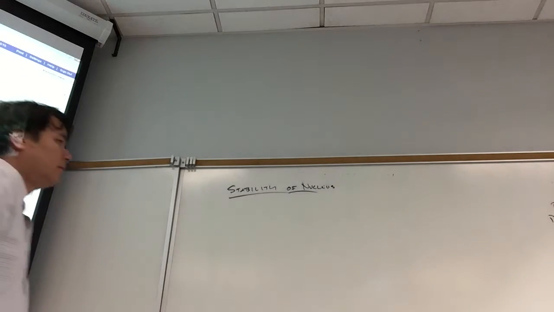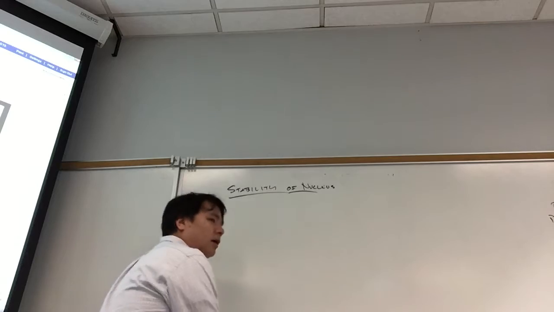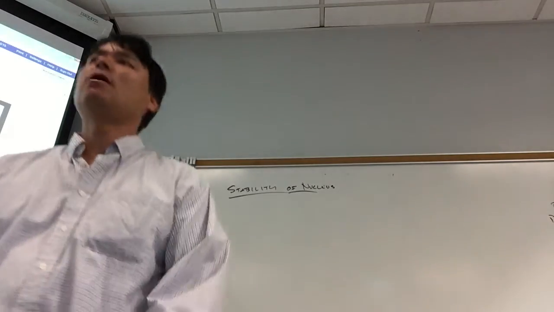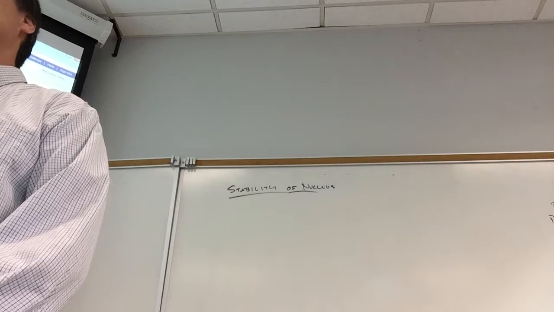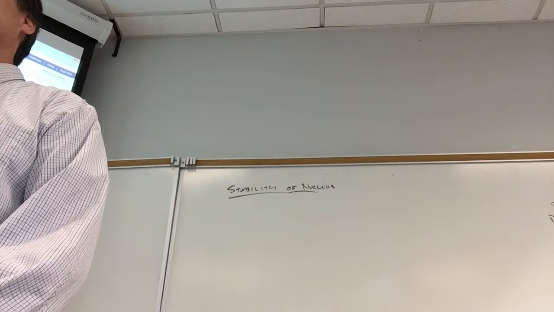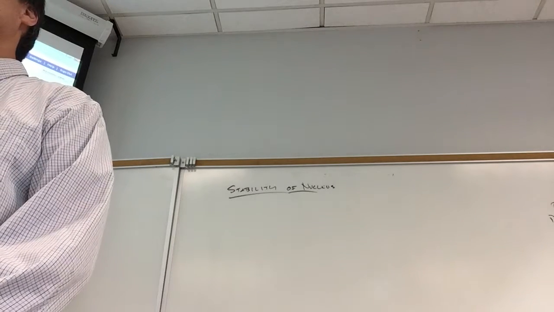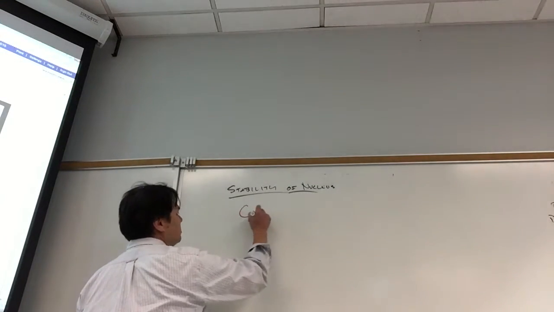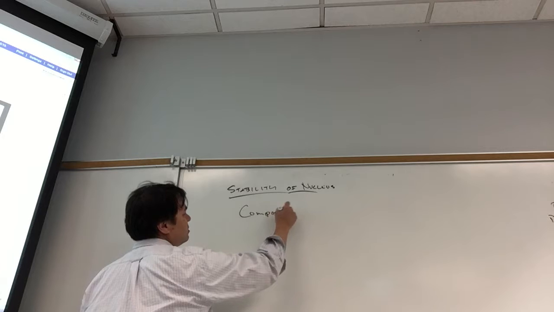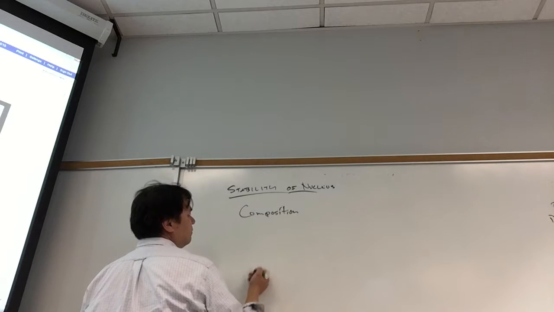And so when we're looking at the stability of the nucleus, we want to look at what? When you're looking at properties, we always look for what? Structure and composition, right? And so we know the composition of the nucleus. That's easy. It consists of what?